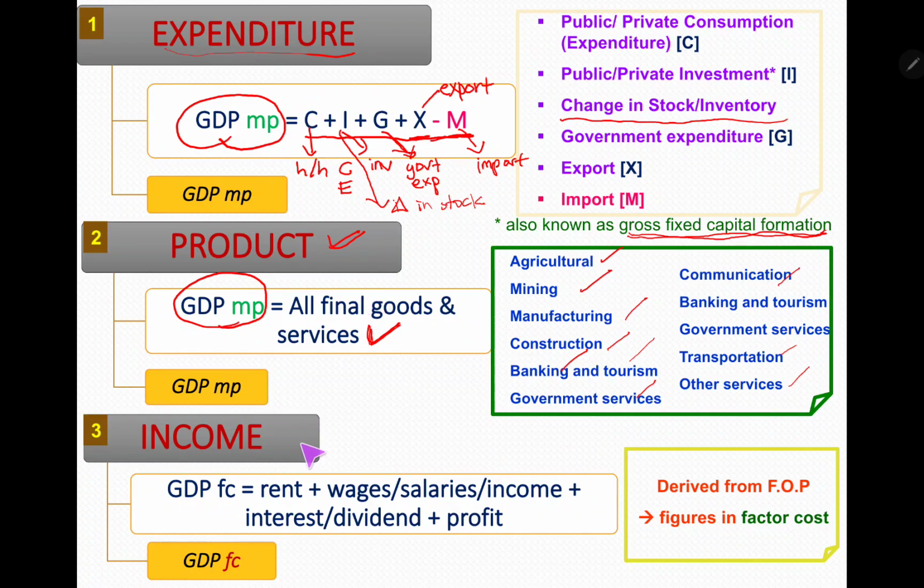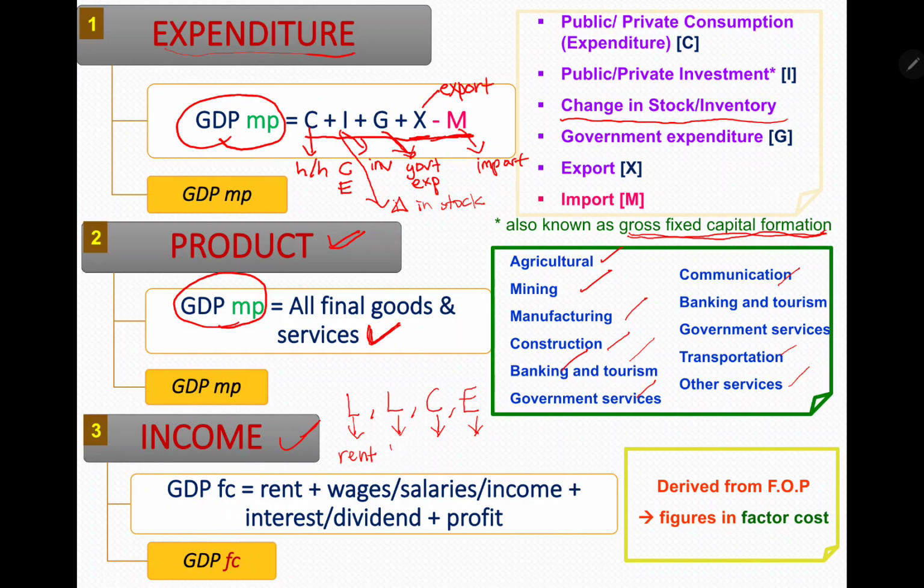And finally is the income approach. For the income approach, the formula is derived from 4 factors of production, which are land, labor, capital, and entrepreneur. So the return for these 4 factors of production will become the formula for national income based on the income approach. For land, the return will be in the form of rent.